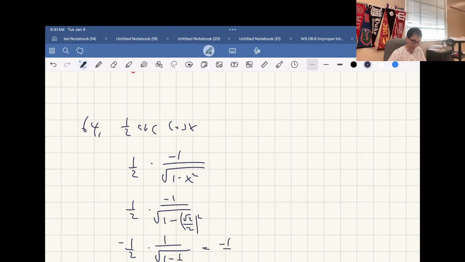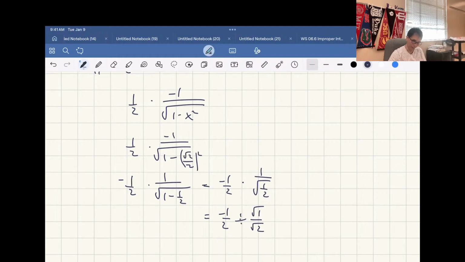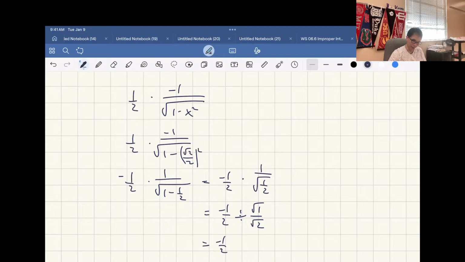So that's equal to negative 1/2 times 1 over square root 1/2. Two ways to do it. I think it's negative 1/2 divided by square root 1 over square root 2. So that's equal to negative 1/2 times square root 2 over 1. So that's going to be negative square root 2 over 2. Is that okay?